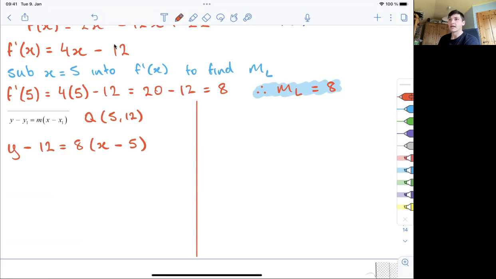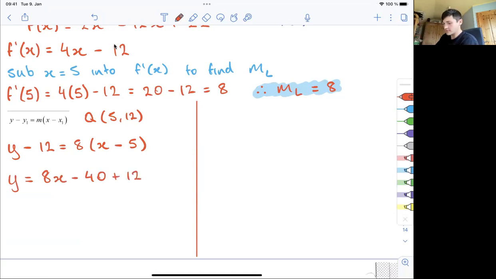Now we rearrange this to get this into the form of y equals mx plus c. The question hasn't actually specifically said the form in which we need to leave the line. So I generally go back to y equals mx plus c as my default format. So y is equal to 8x minus 40 and then plus 12.